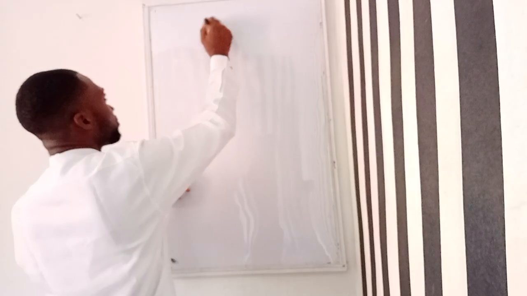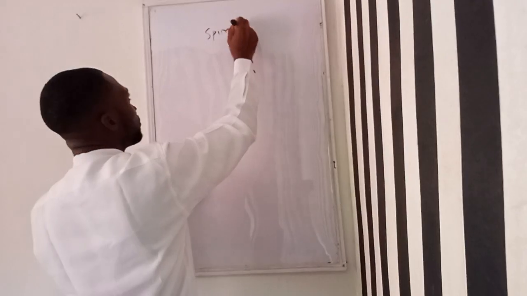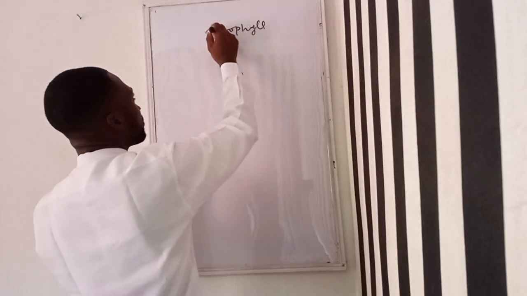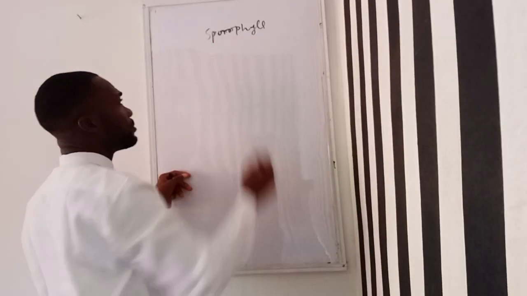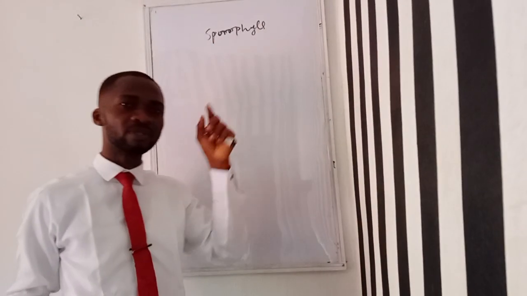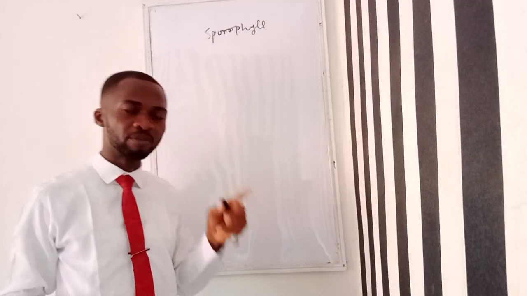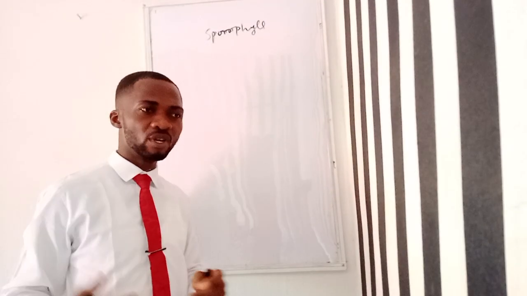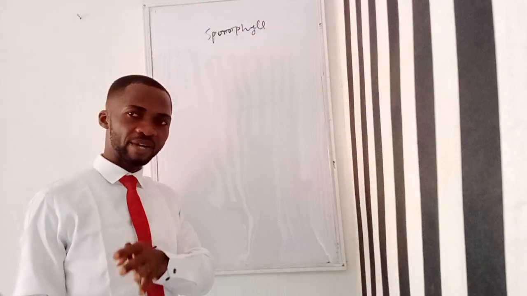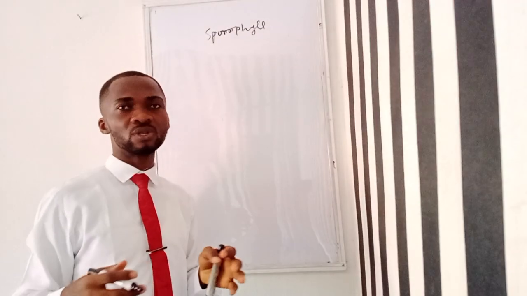So, in the case of the Eusporangiate, we'll have what is called the sporophyll. The sporophyll is the reproductive leaf. By the time we get to the life cycle, you see a reproductive branch carrying the reproductive leaf, which is called the sporophyll.